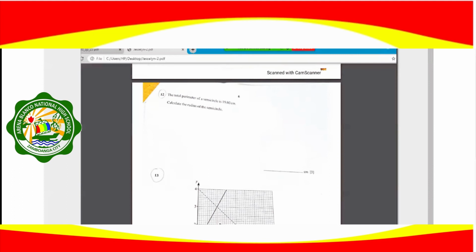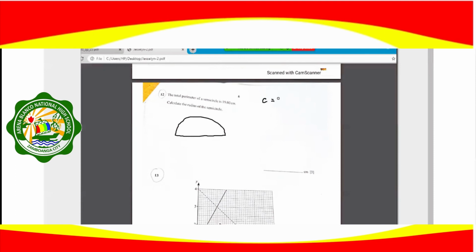So to give you a better understanding of the problem, always remember this, Jesseline. It will be advisable that you always draw the figure to give you a clearer picture of the problem. So when we say semicircle, it means that it is just half of a circle, correct? Yes. And we know that when we talk about perimeter of a circle, we are referring to circumference.